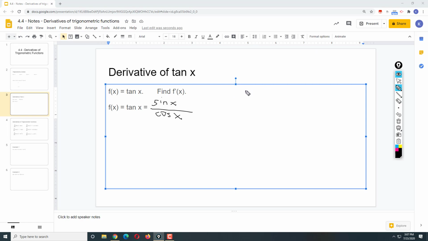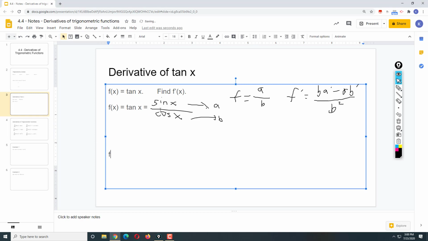Remember the quotient rule? If f is a over b, then the derivative is low d high, b times a prime, minus high d low, a times b prime, over the square of what's below, b squared. Well, in this case, a is sine and b is cosine.